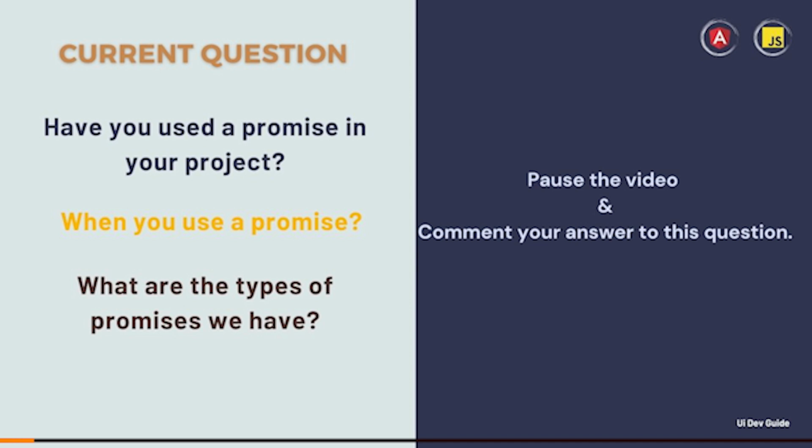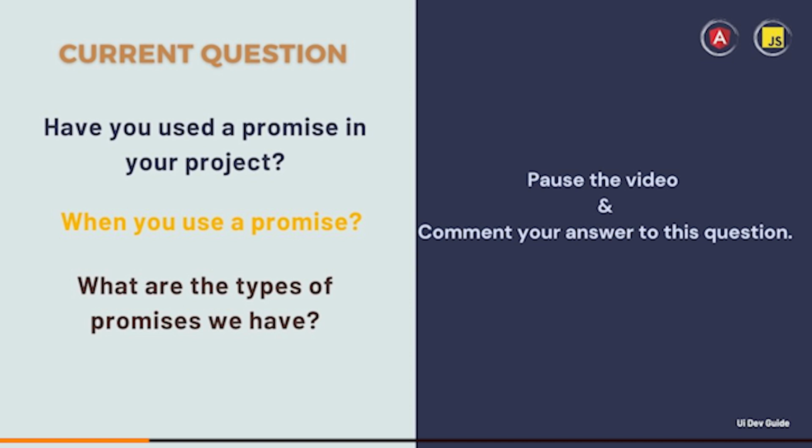Okay. So have you used a promise in your project? Yeah. A promise is used when we want to wait for a certain action to get done before executing the other task.